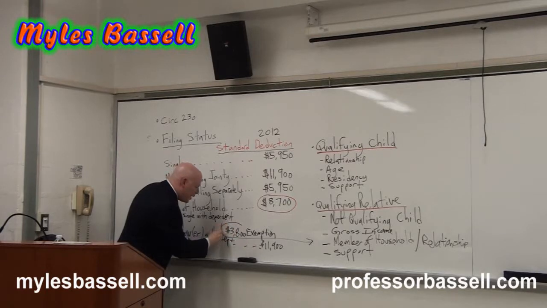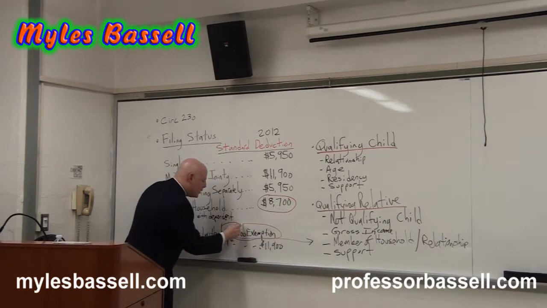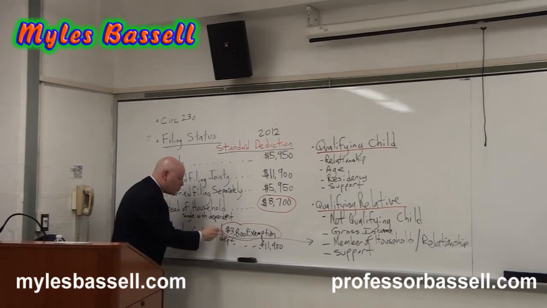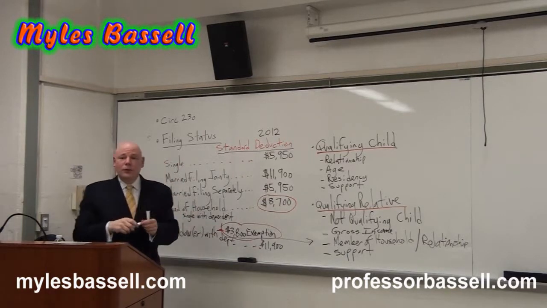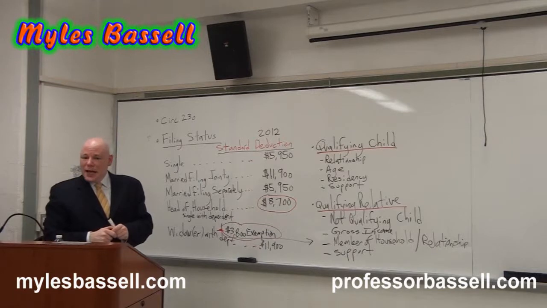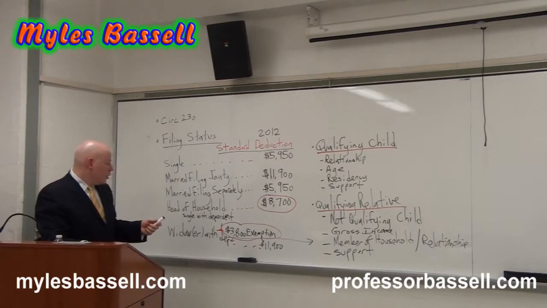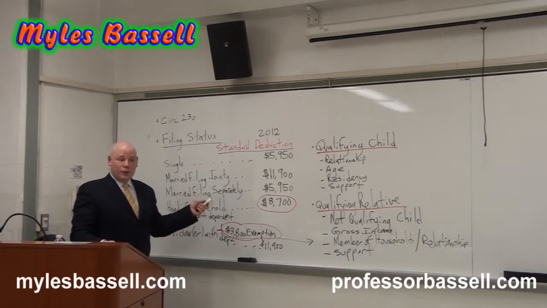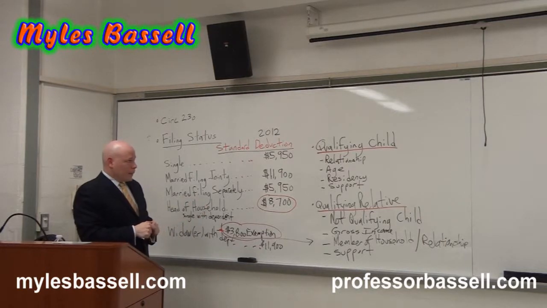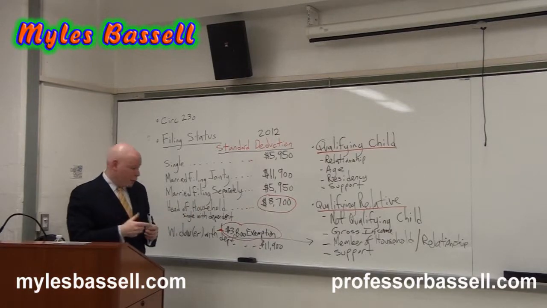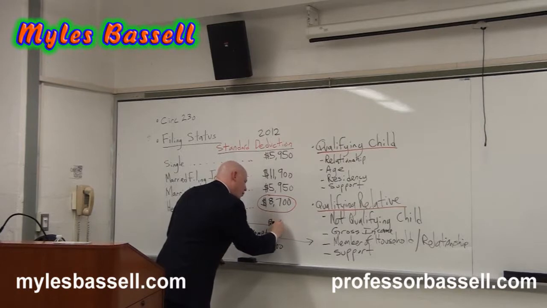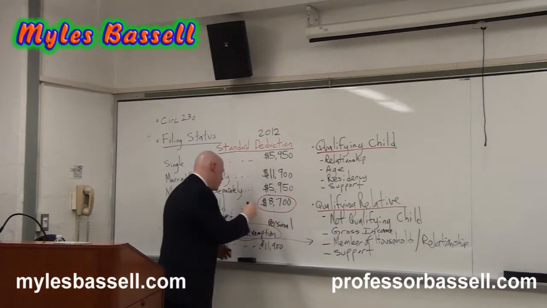When people always talk about dependents, it's because you could get an exemption, which is going to reduce our taxable income by $3,800 in 2012. Now we have a personal exemption, which is ourself, so we're able to take $3,800 for ourselves.